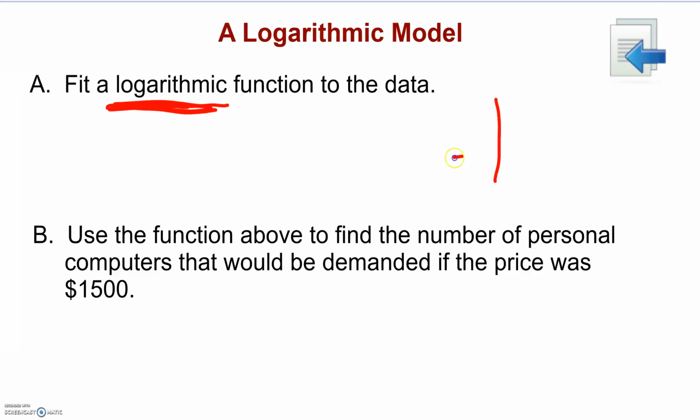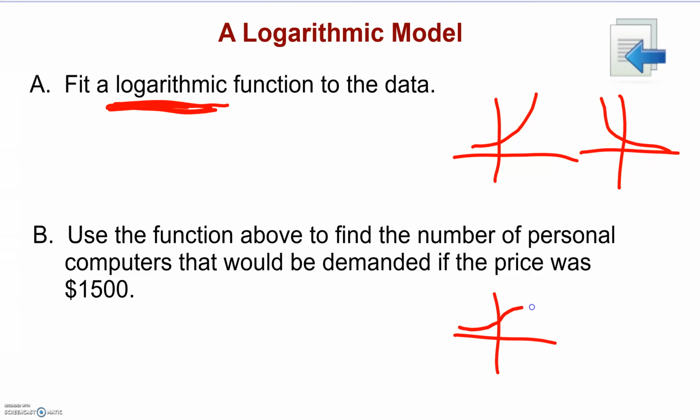Remember, exponential looked like this, where it had exponential growth or exponential decay. So these were exponential graphs. Then you had logistic graphs, and those were those S curves. So we did some of those. Now this is going to be a logarithmic graph, which is going to have a shape like the logarithmic graph we just looked at.